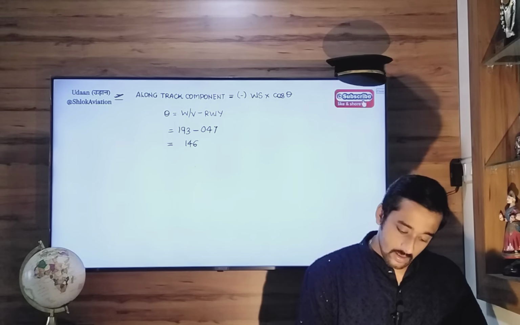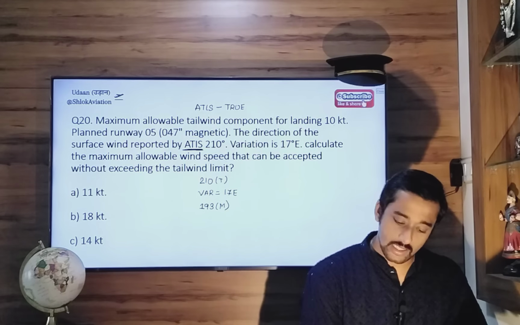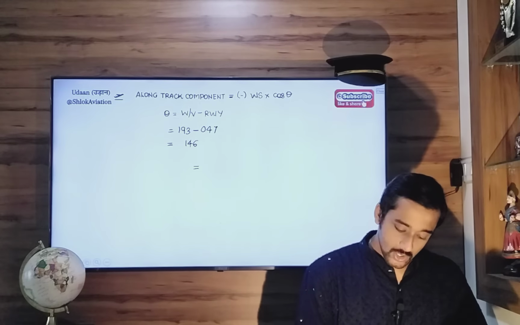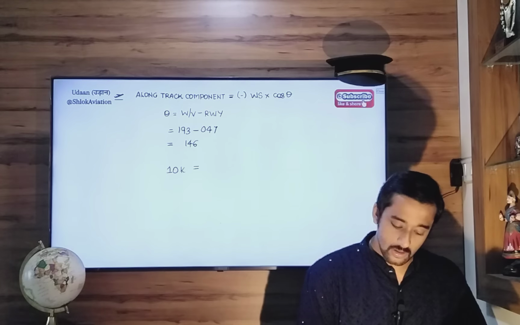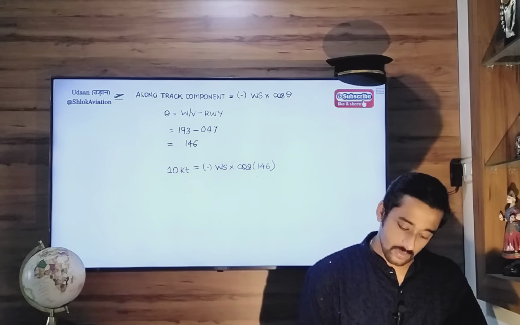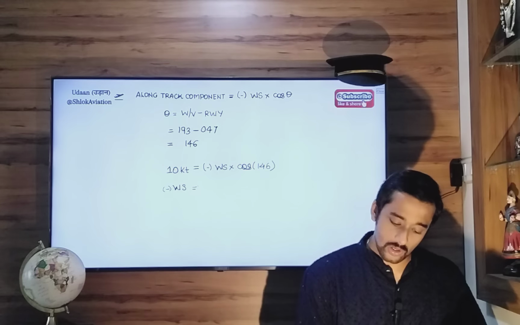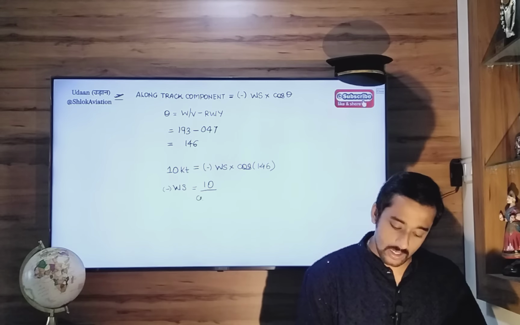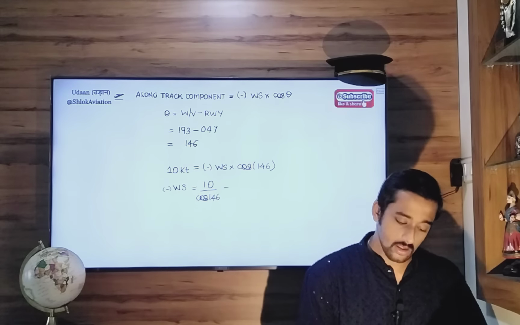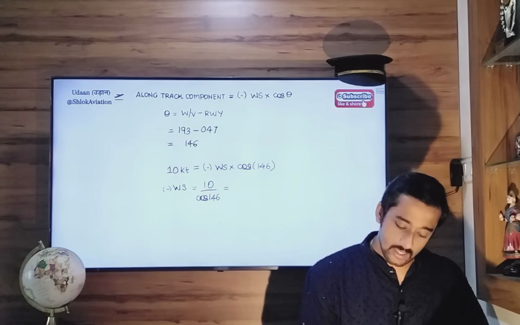So along track component, tailwind limit is 10 knots. So 10 knots equals wind speed that we have to find out into cos of 146. So wind speed will be equal to 10 divided by cos 146, which is minus 0.83.